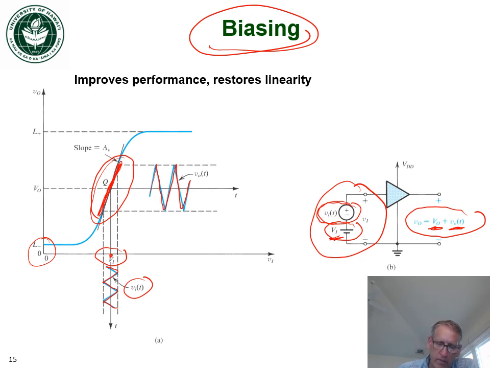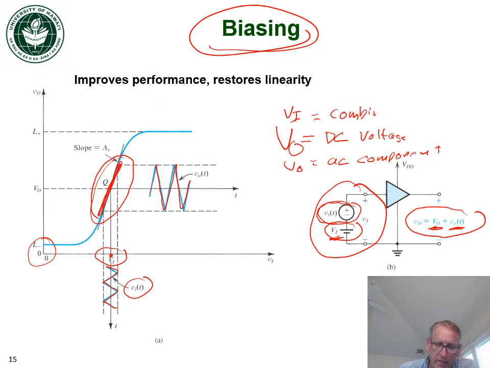In terms of labeling here, it's important to note that capital V with a capital subscript represents the DC voltage, and lowercase v with a lowercase subscript represents the AC component, and lowercase v with a capital subscript represents the combined AC plus DC.